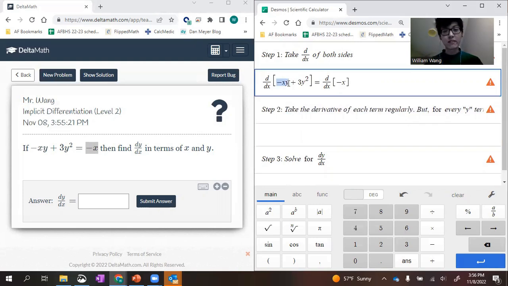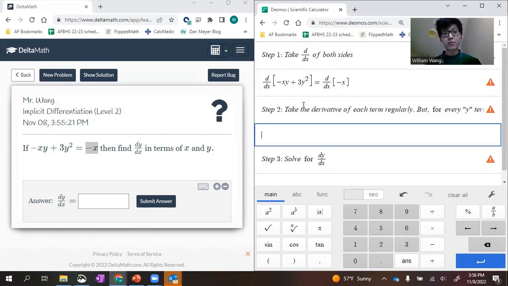So when I look at this, negative xy, how can I actually take the derivative of this? Well, hint, it's going to be kind of hard. To actually take the derivative of this, I need to do a product rule. So for this first term, I'm going to write u as negative x.